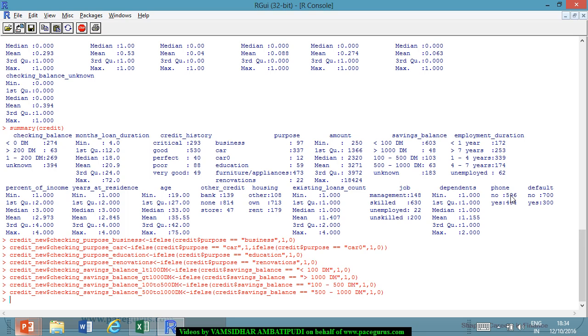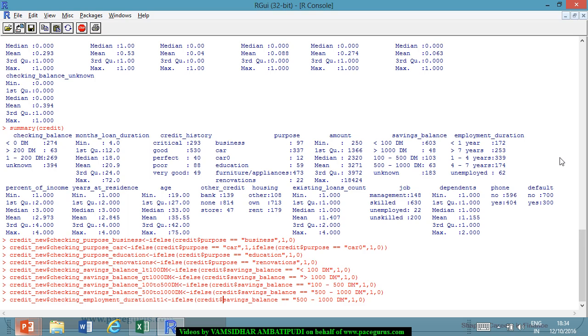Similarly, I have to go ahead in terms of understanding the employment duration as well. Now instead of savings balance, let me create new variables associated with employment duration. Let me call it employment_LT1, which is less than 1 year.